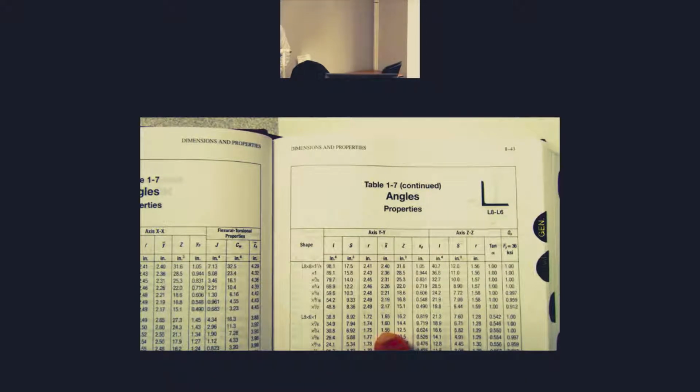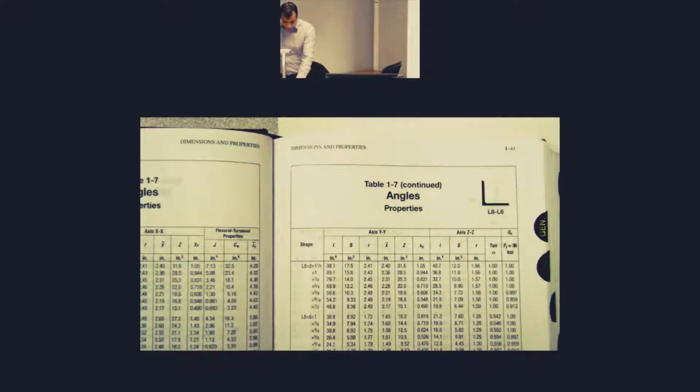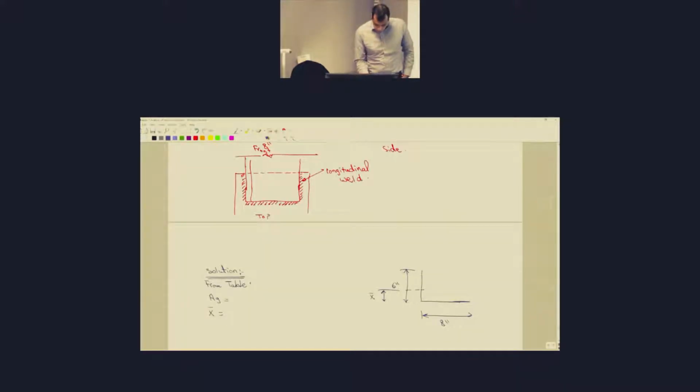So that's table 1.7 on page 142, the area gross is equal to 9.99 inch square, and X bar is the 1.56 inch. That's what you require from those tables.